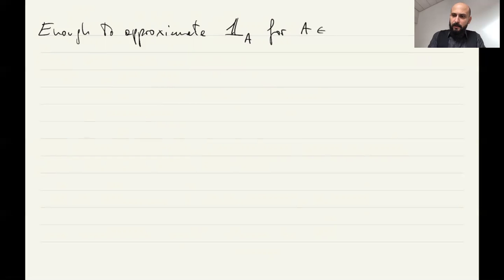So it's enough to approximate the function characteristic of A, for an arbitrary Borel set A with finite Lebesgue measure. Let's write lambda for Lebesgue.